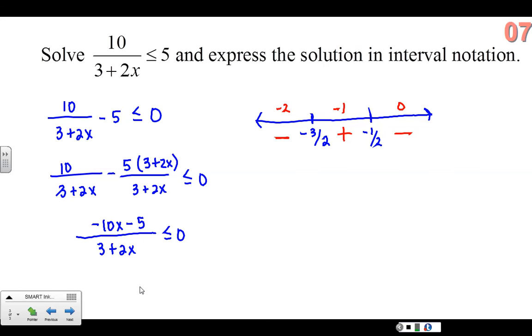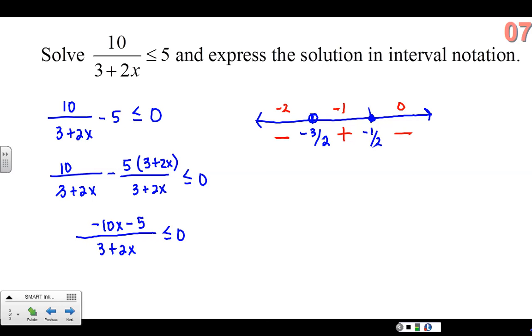Now, if you look at your original problem, we know the number negative 3/2 is what would make the denominator equal to 0. So we can never equal negative 3/2 no matter what. It's an open circle there. But in this case, they want to know where we are less than or equal to 0. So that means negative. So here we go. We could be equal to 0 at this number, no problem.